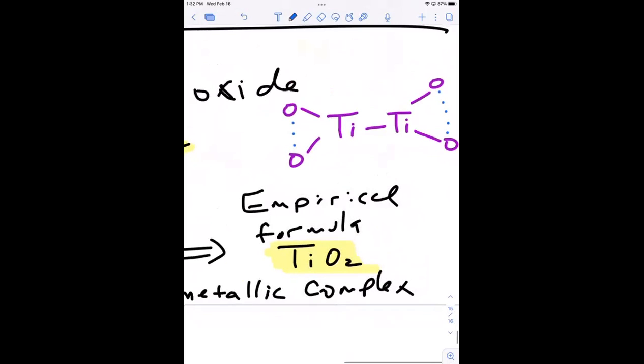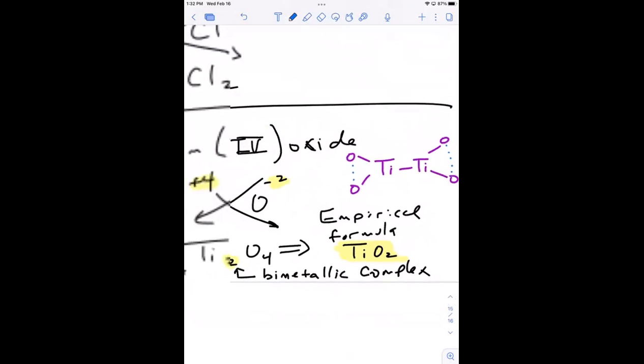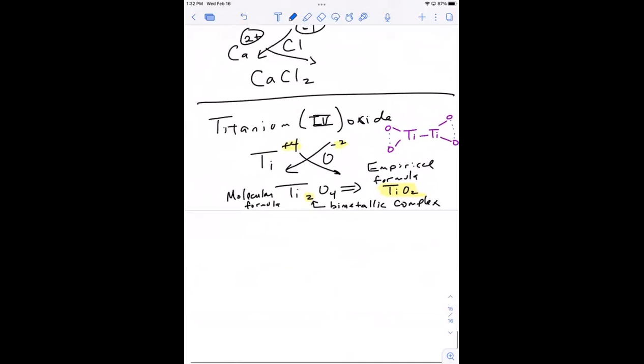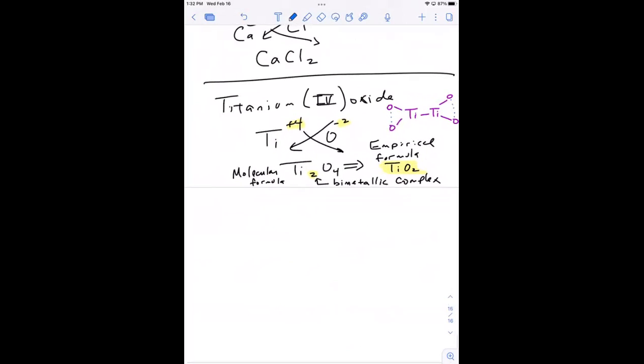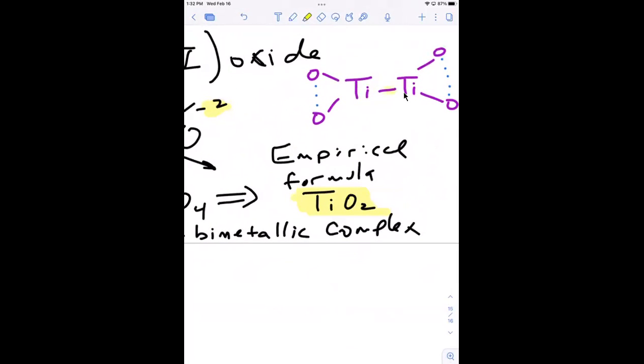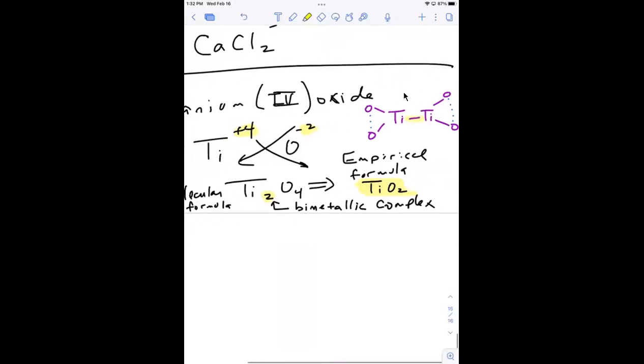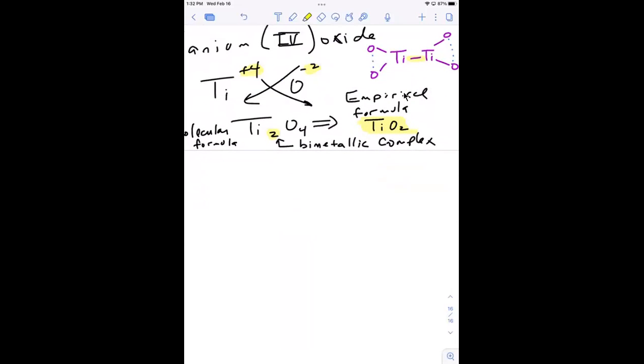We haven't talked about octets yet, but we will. But yeah, plus oxygen is a diatomic, so it's going to be O2 anyway. In its elemental form, it's a diatomic. So probably the complex would look something like what's there. And there's actually a bond between the 2 titanium. So we call that a bimetallic complex.